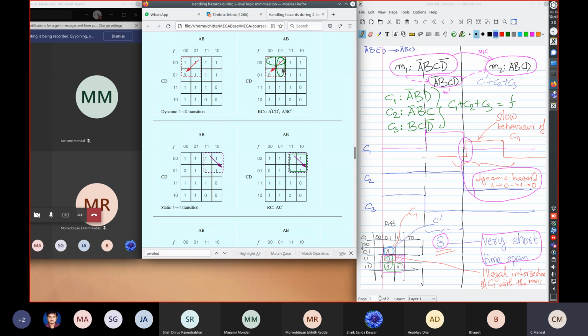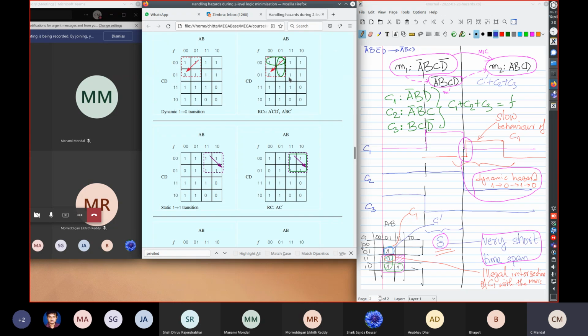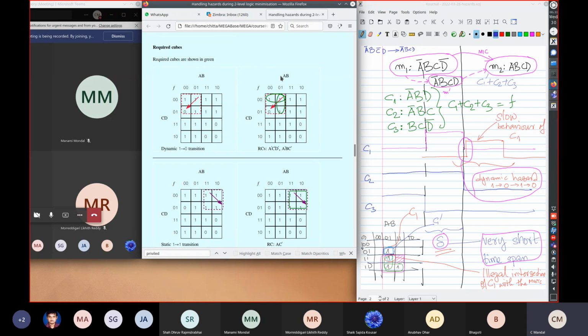Now for this implementation, well, these are the required cubes.